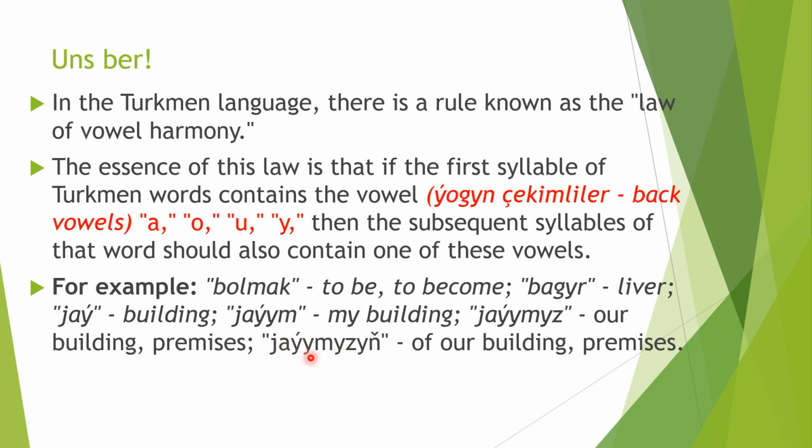Jay is a word, ımız means our, and it's the case suffix. That means something belongs to our building or our home, our house, let's say. Jayımızın, of our building, and so on. I hope you understand this point.